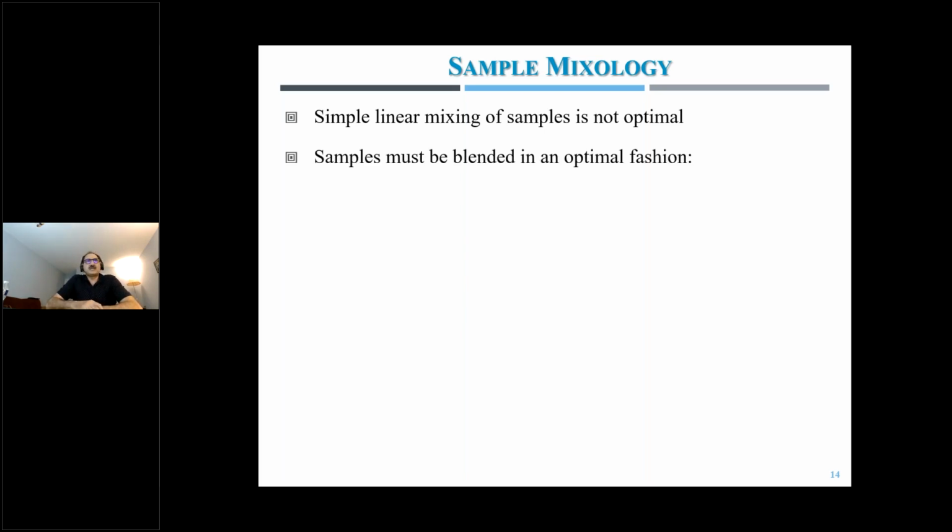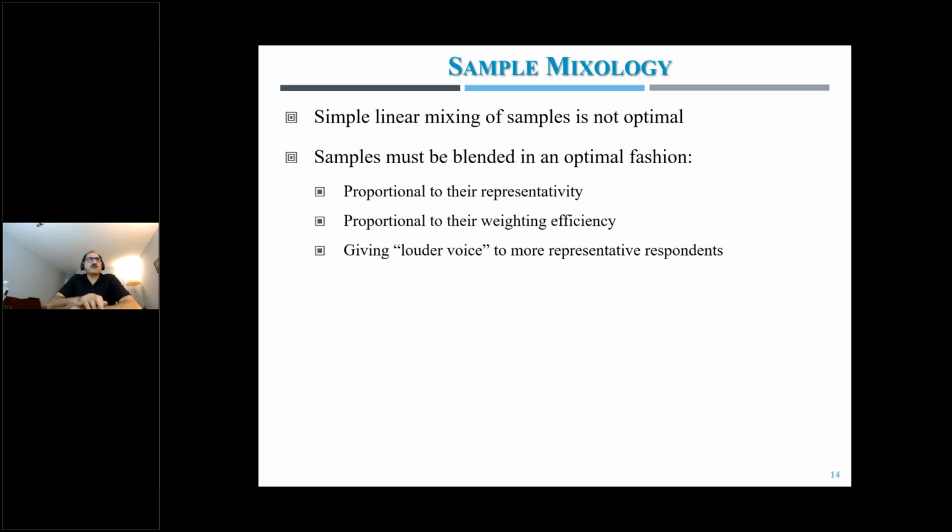It turns out that optimal blending of samples requires a particular process whereby these samples are blended together proportional to their representativity, and I will be explaining what I mean by that shortly. Another way of saying it is that we want to blend the samples proportional to their weighting efficiency. Ultimately, what this means is that we want to give louder voice to respondents that come from probability-based samples, those who have organic representation.